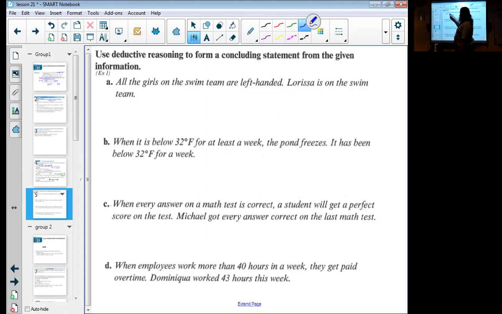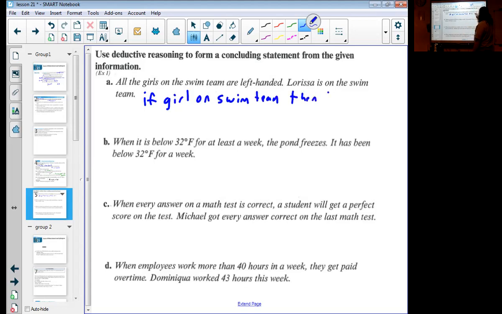So if girl on the swim team, then left-handed. If it's a girl on the swim team, then they are left-handed.